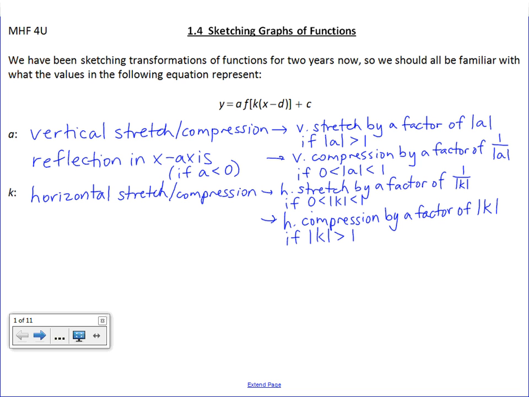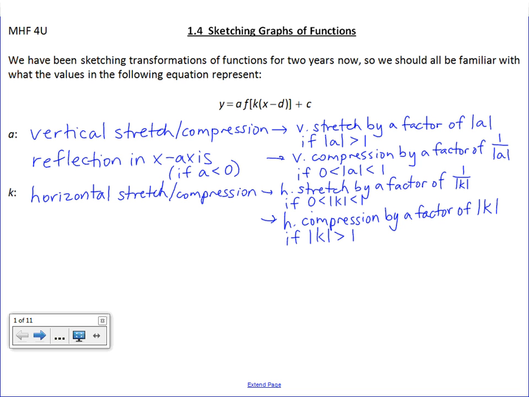So fractions in the K location actually indicate stretches, and numbers bigger than 1 indicate compressions. So no matter what, when you state the factor of, the number you're stating should be bigger than 1. That's your kind of check to make sure that you did it correctly. Okay? And then, is everyone okay with the opposite values? It's the same reasoning behind why we did it with the A.